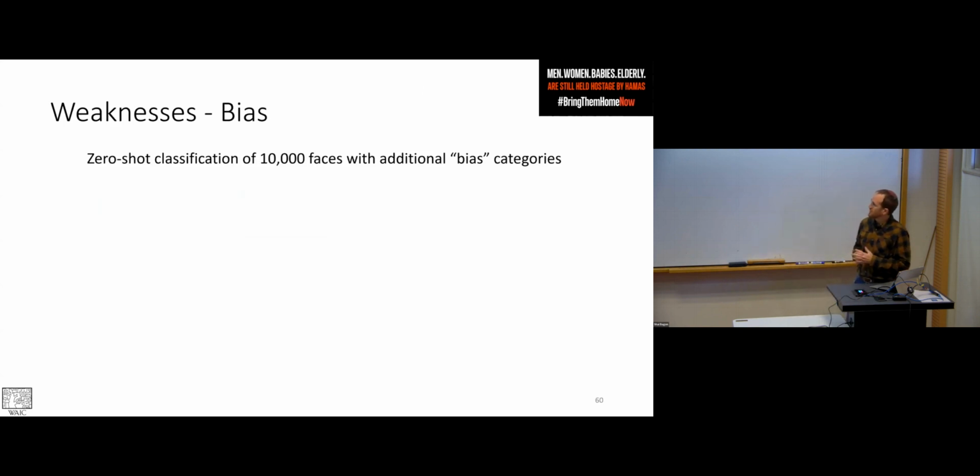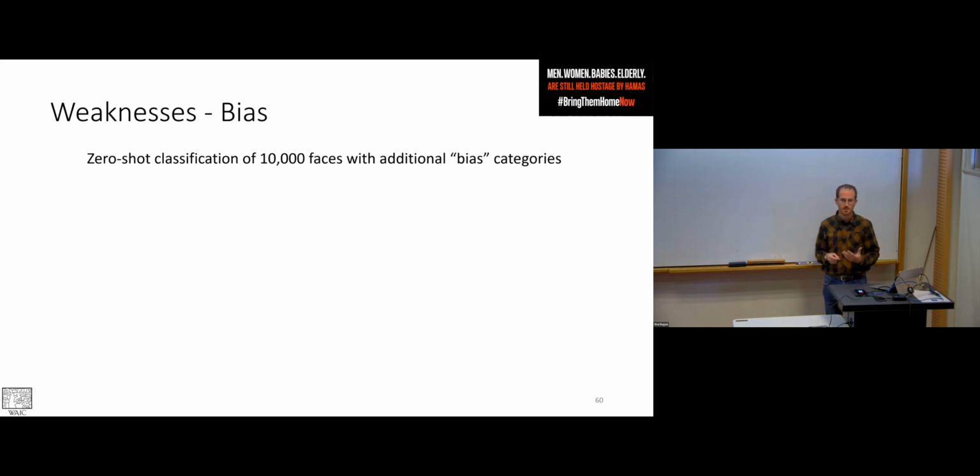Well, it's not perfect. The data was curated over the internet, over social media, and it has a lot of biases. In the original paper, they actually examined what kind of biases they have in the data. They took another data set of 10,000 faces that is used for testing these kinds of biases.